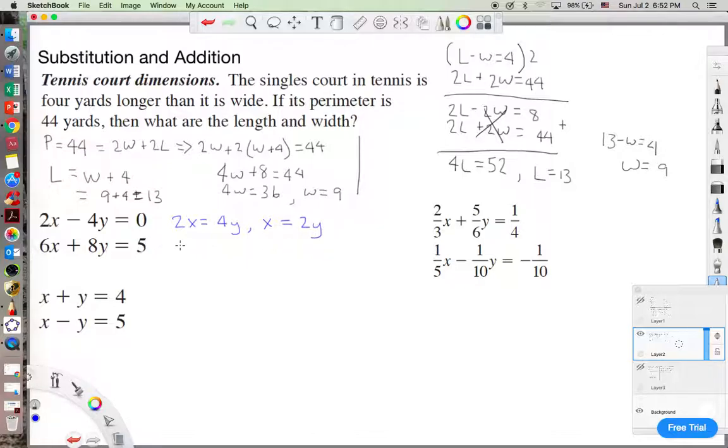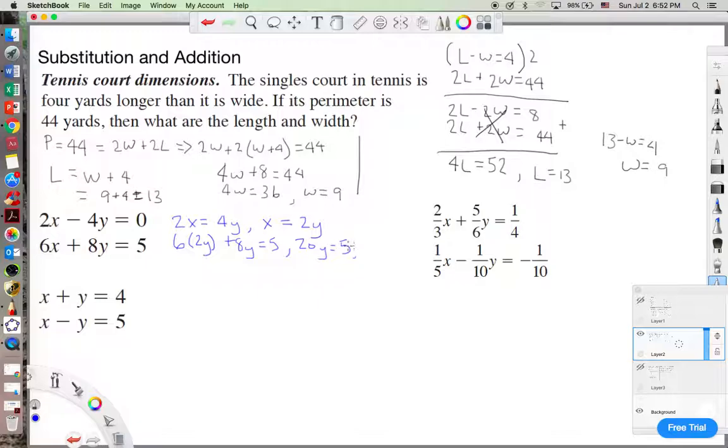So we'll substitute that into the second equation, and we get 6 times 2y plus the original 8y is equal to 5. Combine like terms, 12y plus 8y is equal to 20y. 20y equals 5.